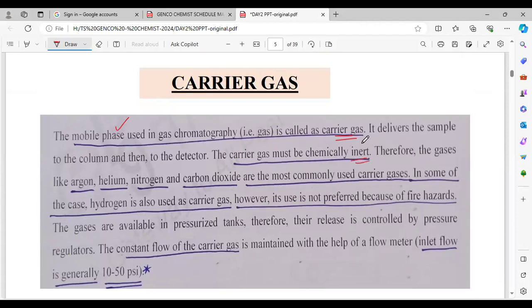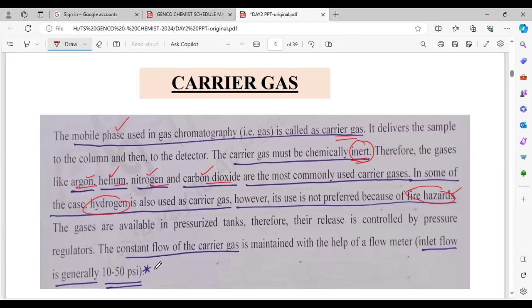These are the important bullet points. Try to understand. Argon, helium, nitrogen, and carbon dioxide are generally used as carrier gases. They must be chemically inert, and these are the generally used gaseous mobile phases. Sometimes hydrogen is also used, but due to its hazardous nature, being a fire hazard, it is used very less frequently.